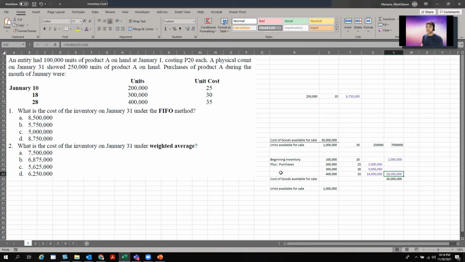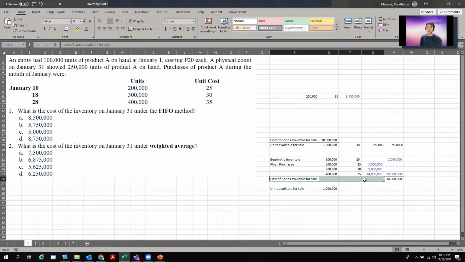So with that, pwede na natin makompute ngayon yung cost of goods available for sale. Tandaan lang palagi yung basic accounting mo: beginning inventory plus purchases gives your cost of goods available for sale. In this case, ang beginning inventory natin is 2 million, add purchases of 28 million.